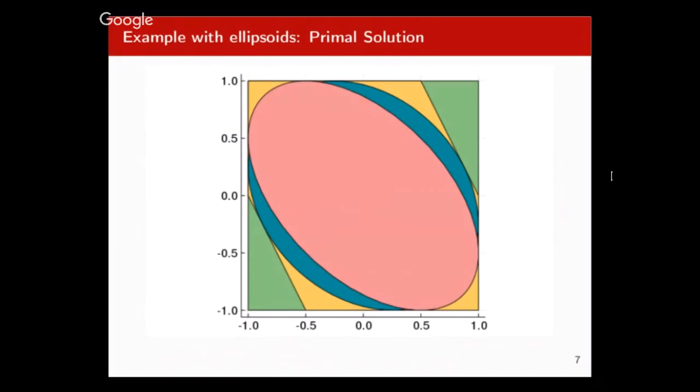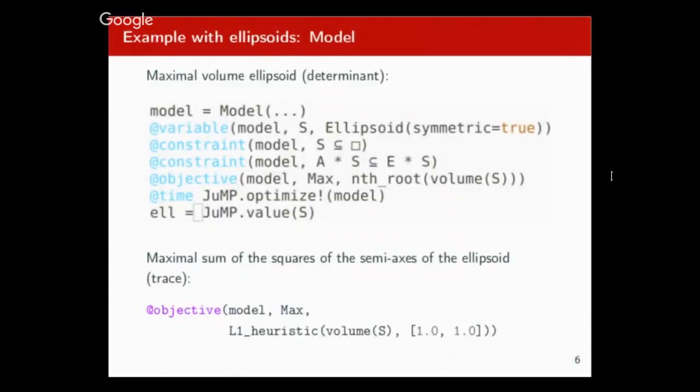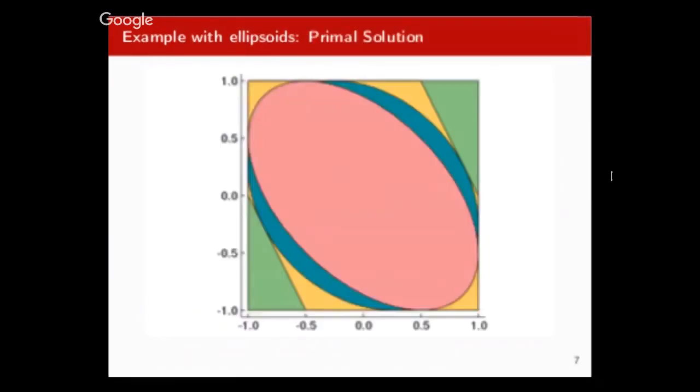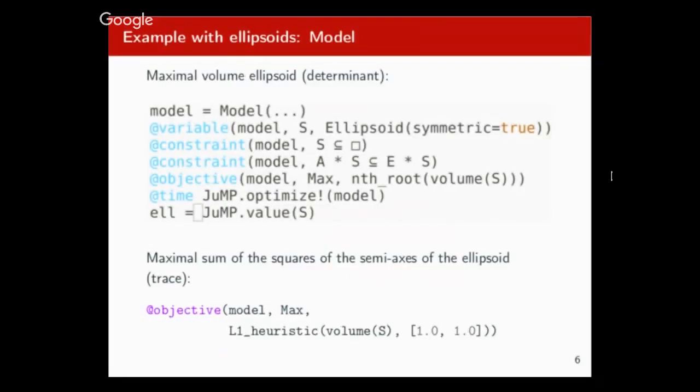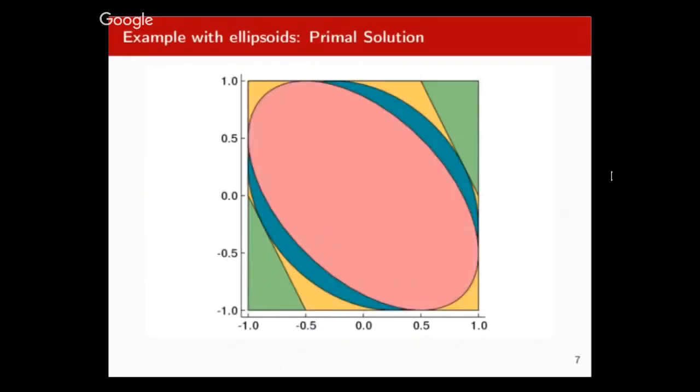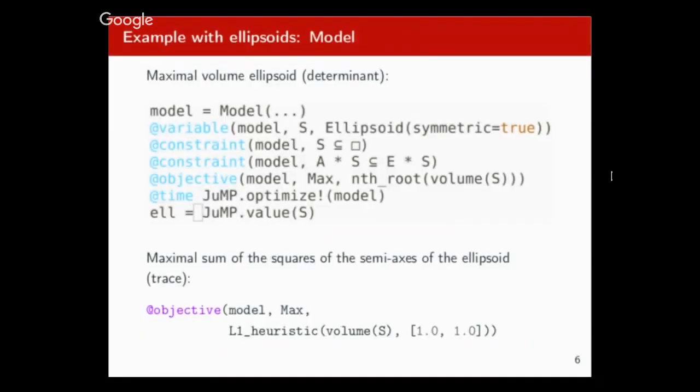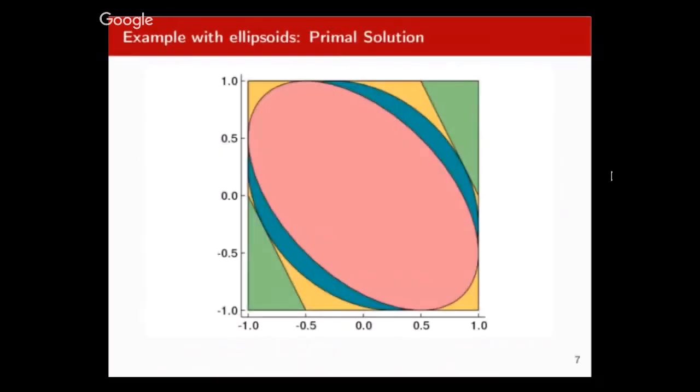This is a constant, the green square, and if you solve the problem and here you say polyhedron, you would get the yellow one. If you say I want S to be an ellipsoid and maximize the determinant of S, and you solve this program, you get the blue one. And if you replace this line by this line, you get the red one.